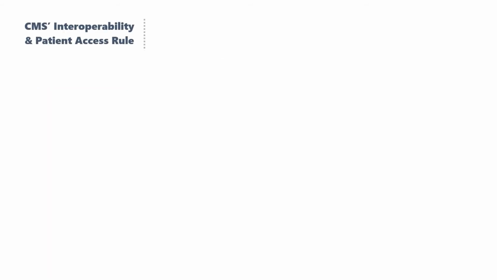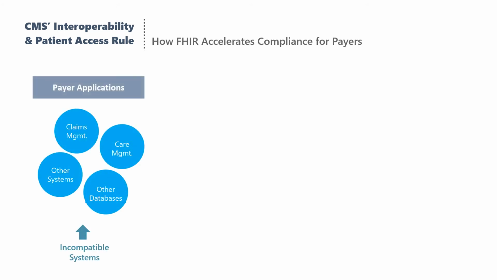Now let's see how FHIR enables payers to align with the CMS interoperability and patient access rule. Payers typically exchange diverse data sets from disconnected systems with external entities like members, providers, HIEs, trading partners.